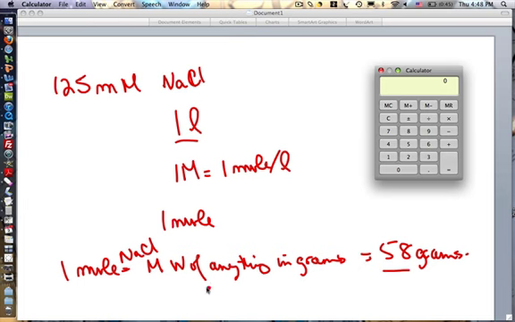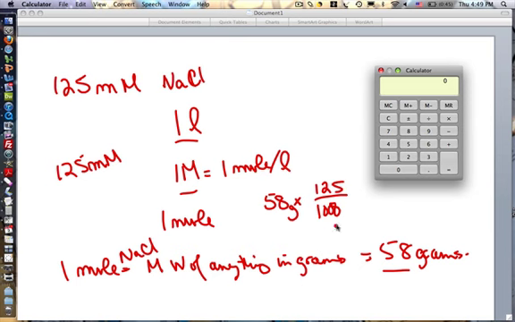We don't want a 1 molar solution, we want a 125 millimolar solution. So we're just going to take that 58 grams. We don't need that much. We want a fraction of that much. And the amount we want is to multiply that times 125 millimolar over 1,000 millimolar.